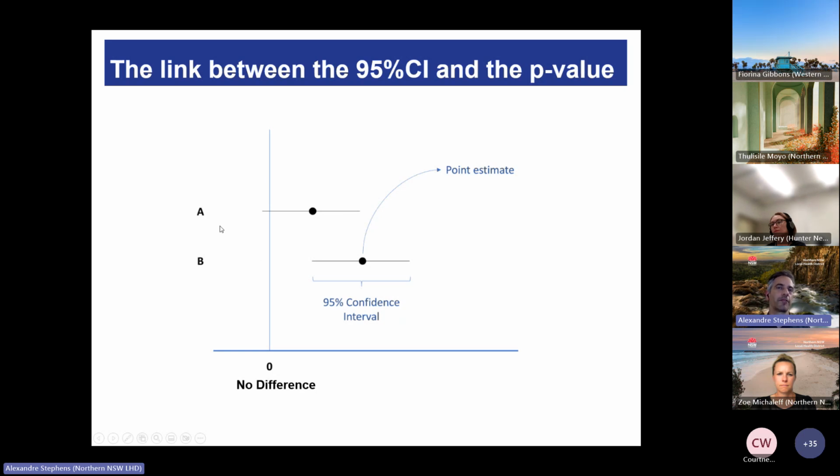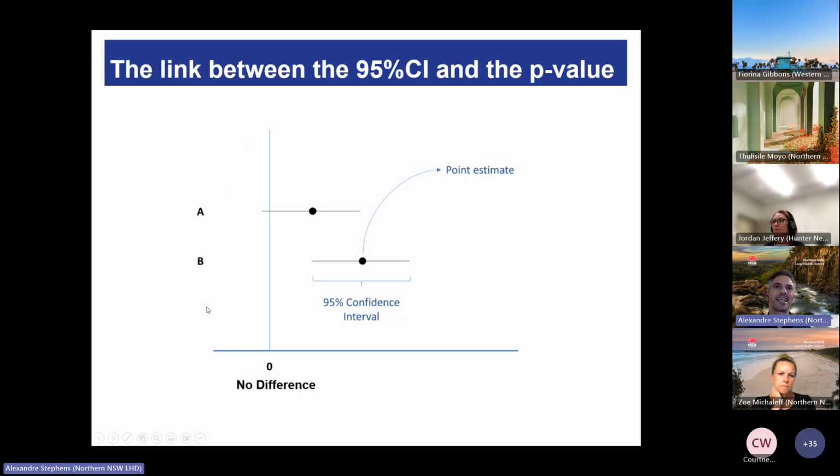If we focus on A first, we see that its confidence interval overlaps with the null value or the point of no difference. And essentially, every time this occurs, it will be a non-statistically significant result, meaning that the p-value will exceed the common threshold of 0.05. So that's just a handy rule to remember.